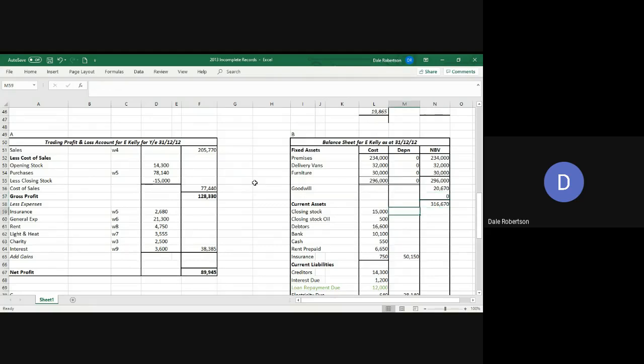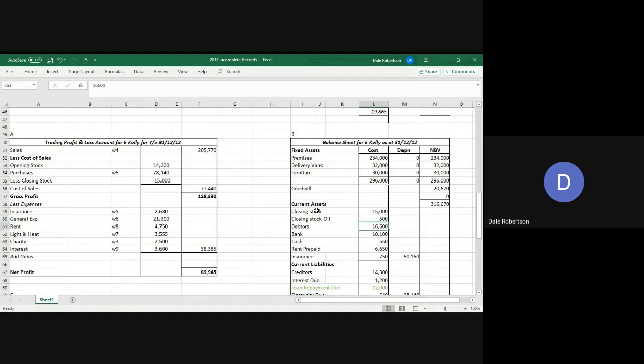Now, our current assets. So we're going to have a quick look at our current assets here. And we have our closing stock, which is from the bottom sentence, and the closing stock of heating oil. Both of those, you can put them in together, but we've treated them separately throughout the question, so you can put them in there separately.